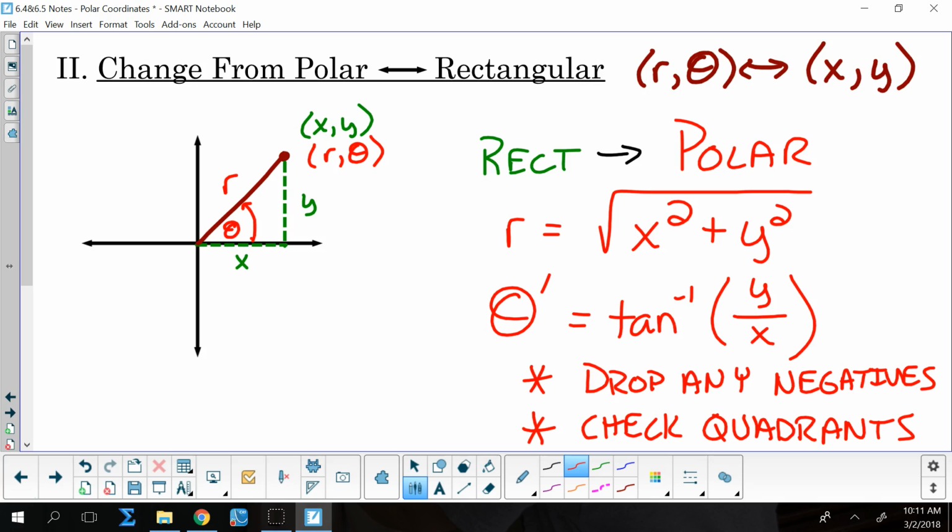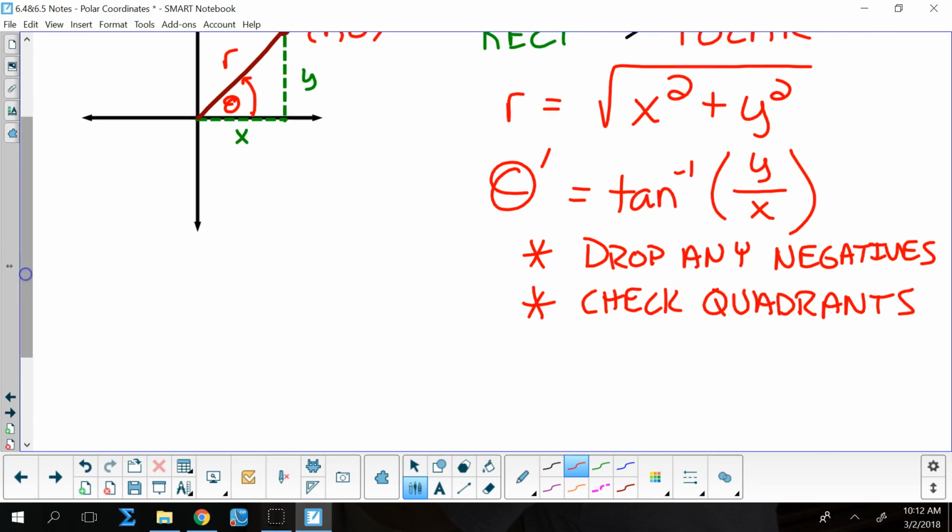So that information right there is what should go into your toolbox at the top of your page, because that's going to be a quick reference guide of, oh yeah, I got to do this if I am switching from rectangular to polar. Now, while you're copying that, let's go the other way.